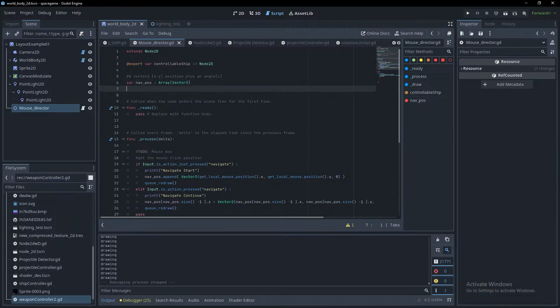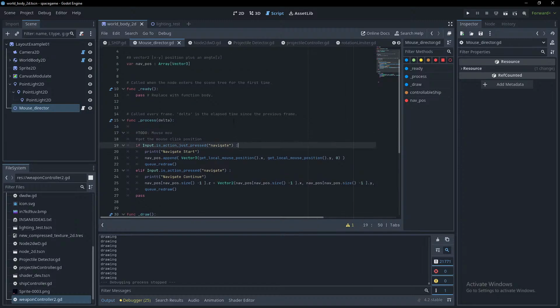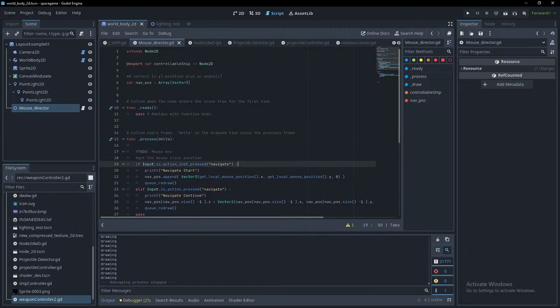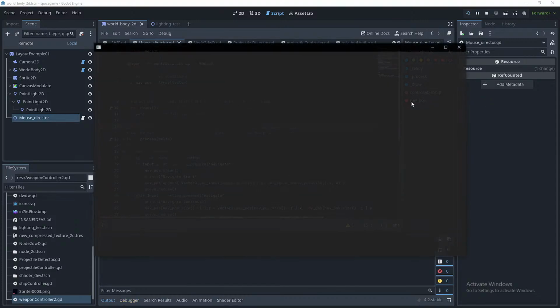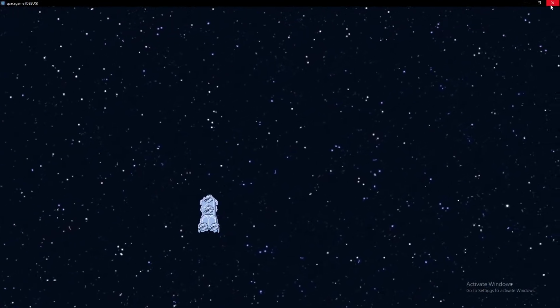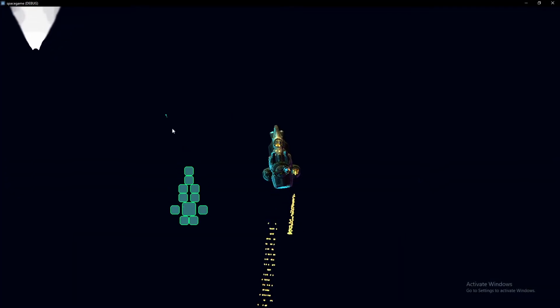Now, let's see here. If we're using navigate, we're going to clear navigation position. So now we should just be down to 1. Yeah, I keep doing that. I need to figure out the hotkey for just running the scene.